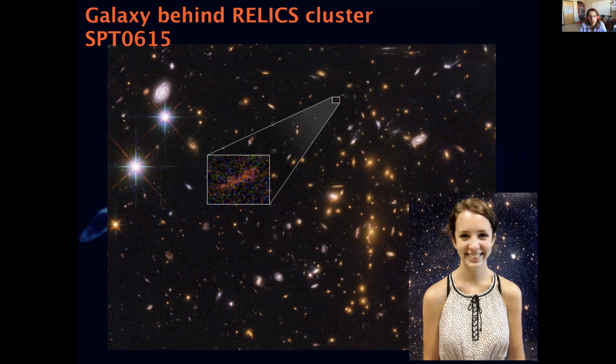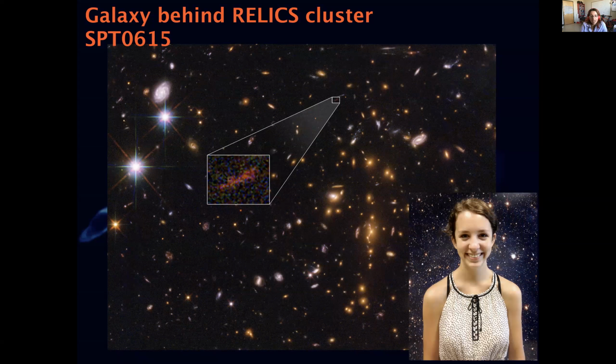And if you have a lot of red stars, it means that the galaxy has been forming stars for a while. And what is a surprising discovery with these galaxies is that they have relatively old stars, much older than we originally thought.